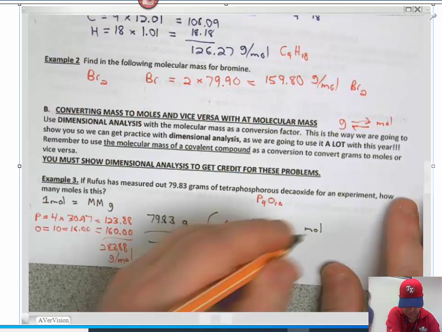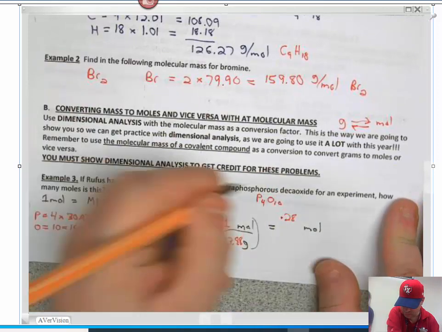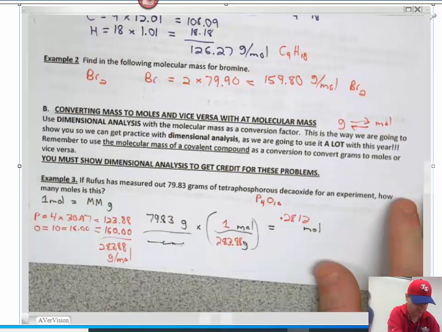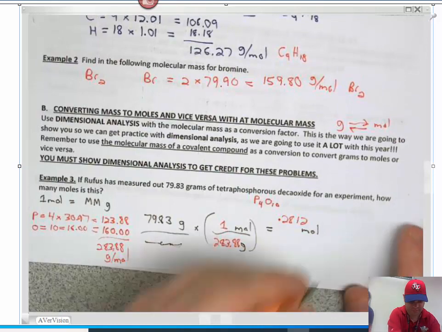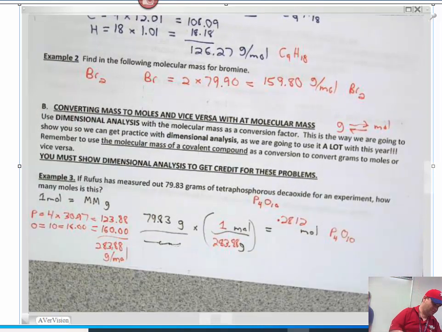So my answer is 0.2812 moles of P4O10. Okay, on to page 2.